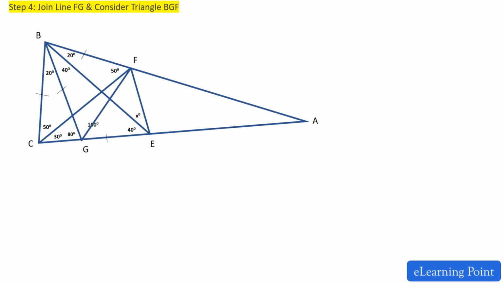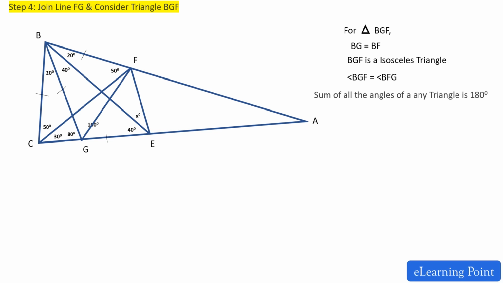So these two sides are equal. Based on the isosceles triangle test, the angles opposite to these sides must be the same. So BGF is an isosceles triangle, and angle BGF equals angle BFG.